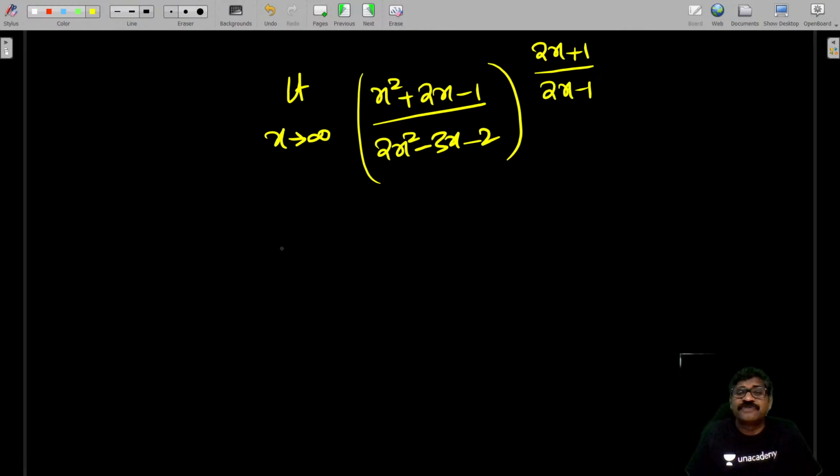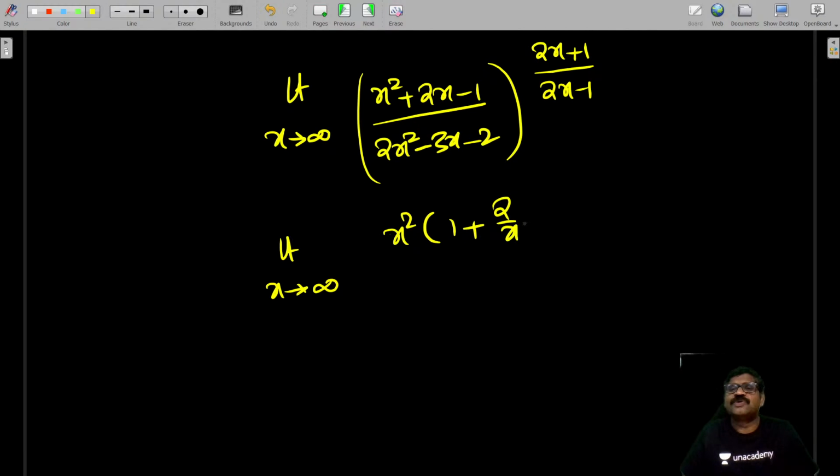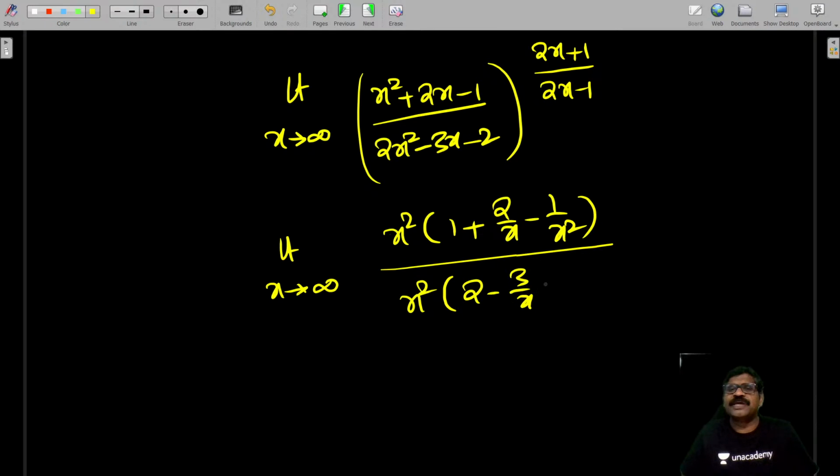When x is tending to infinite, we have to take highest degree powers of x common. By taking x square common in the numerator, x square of 1 plus 2 by x minus 1 by x square by x square of 2 minus 3 by x minus 2 by x square, power.